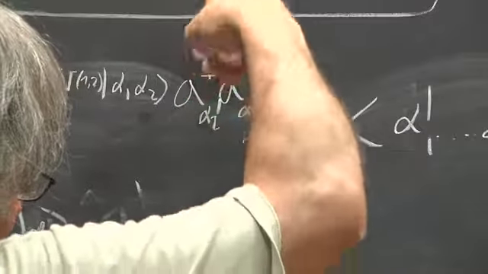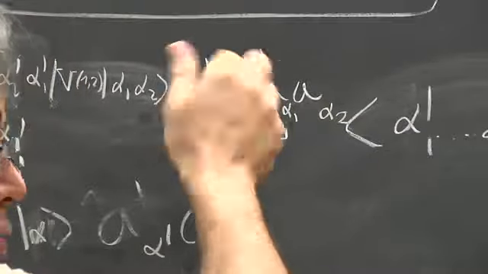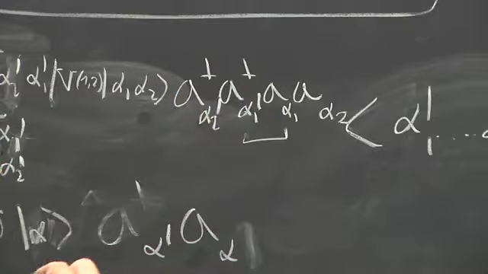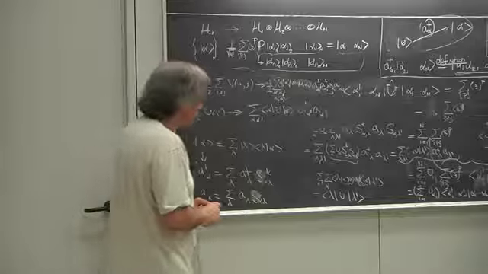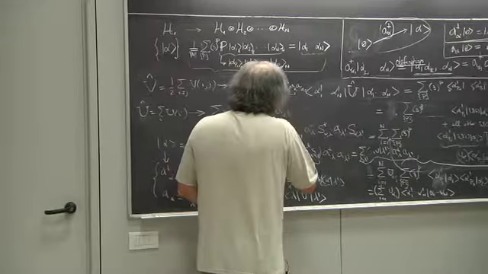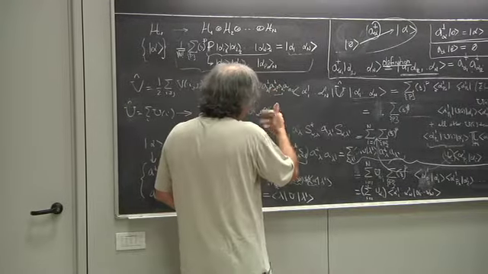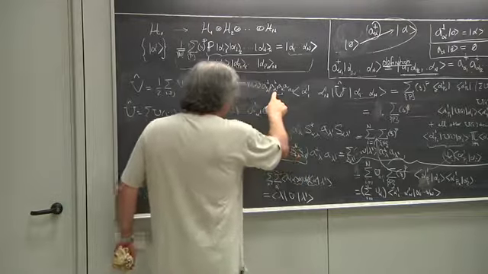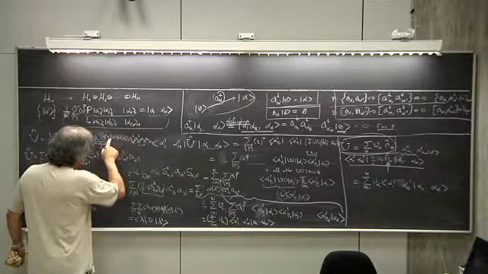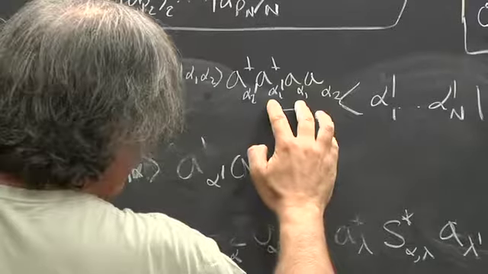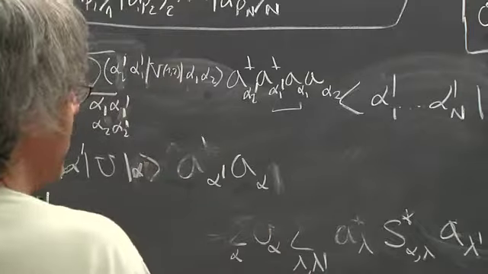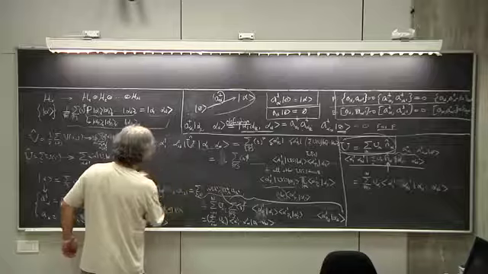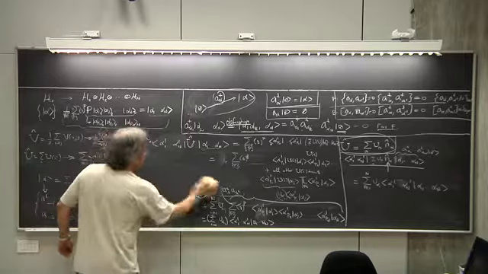If I exchange these two, which I can always do, I should be careful: for fermions, I would get a minus sign. In this way, there's no minus sign. You might say, who cares, I could change labels. It matters, because the way I have chosen the labels here is consistent with what I'm writing in the matrix element. Let me just finish this description.